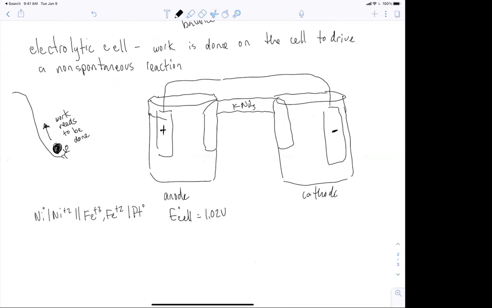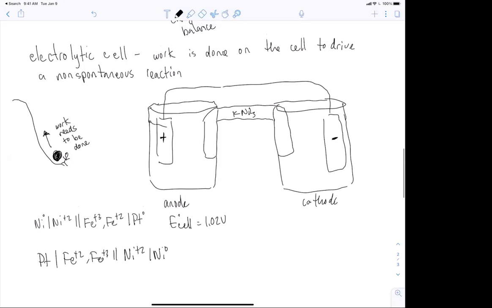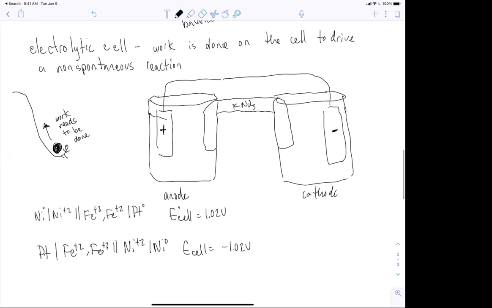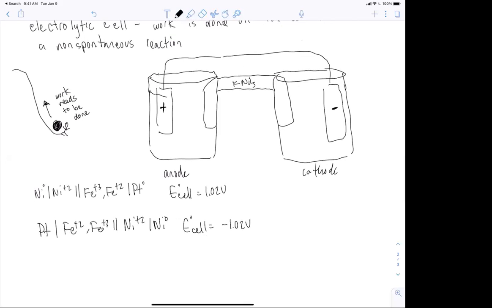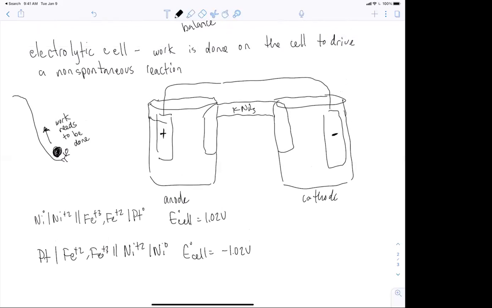What if we flip this battery around though, and we wanted to run it in this direction? So we take platinum, and so we run it this way. Now E cell, because we flipped everything, all the signs flip around. Now E cell is equal to negative 1.02 volts. And so this reaction is not going to spontaneously flow in this direction.